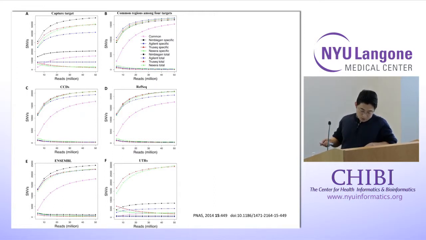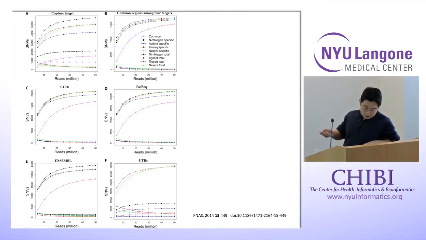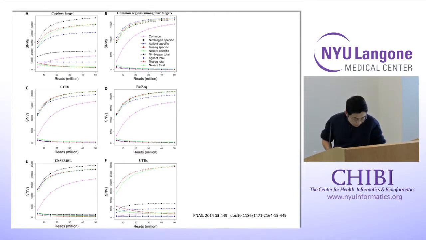What we see is the trend that the number of mutations you discover goes with the number of reads, but at 30-40 million reads, the curve seems to go kind of flat.